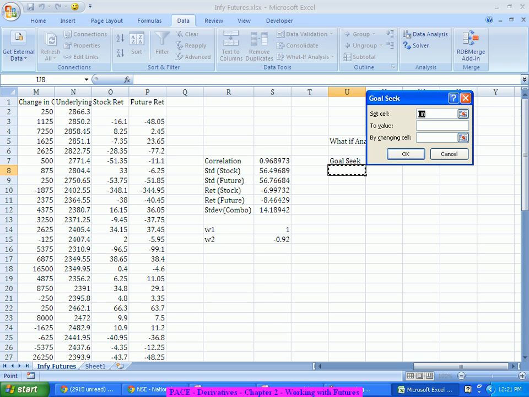You set the cell, which is that combo formula cell. In the set cell, you just point to this cell and say to value 0. And by changing cell, you point to this W2 cell.